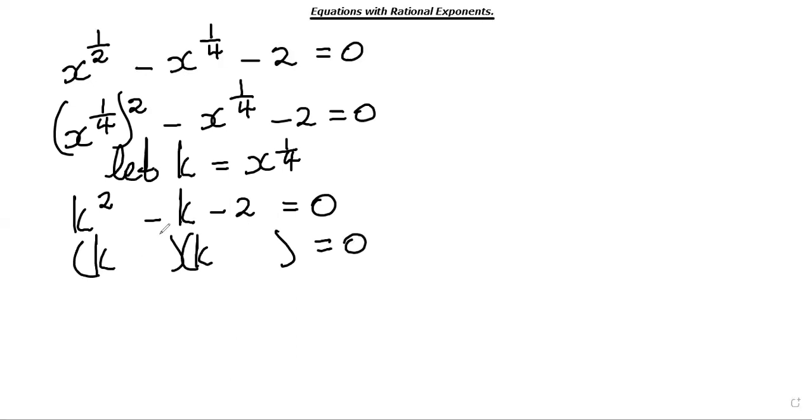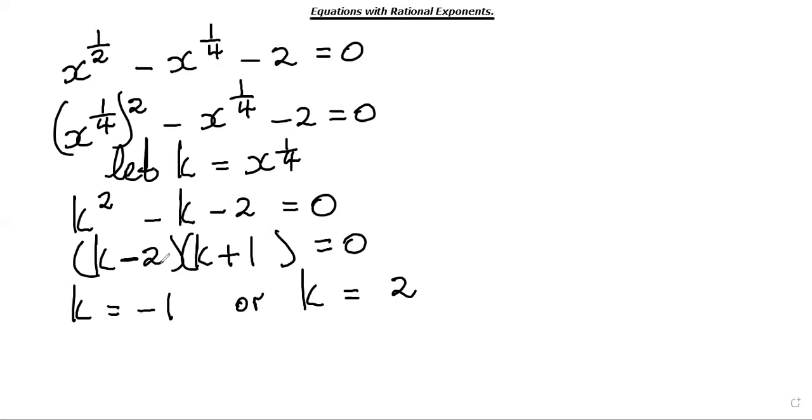So these are factors of k squared. Factors of 2 that add up to 1, it's 2 and 1. And the bigger number takes the sign of the middle term. So it means our k has to be -1, or it has to be +2.